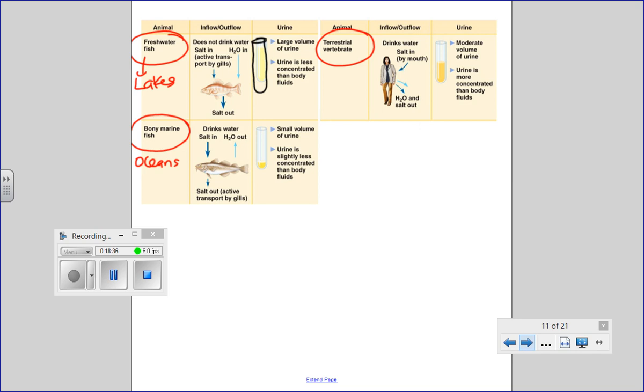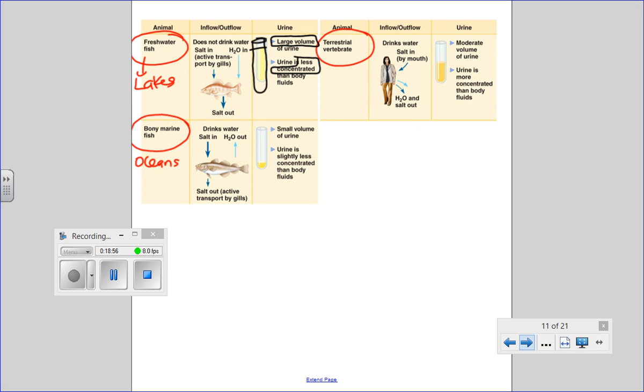If I look at the test tube for the freshwater fish, it's pretty full, but the color is really pale. So a fish that lives in fresh water produces a large volume, but the urine is not very concentrated.